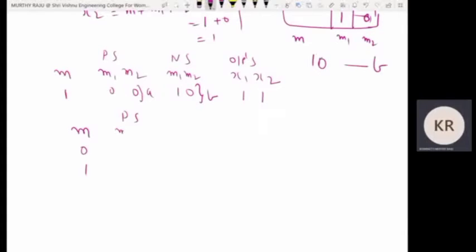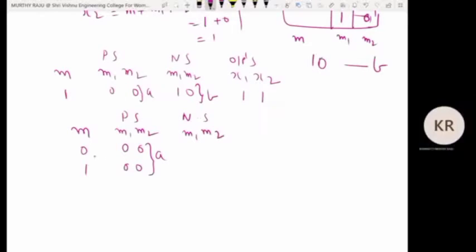Present state M1, M2. The convolutional encoder is in present state, that means A state. Next state, that means M1, M2.